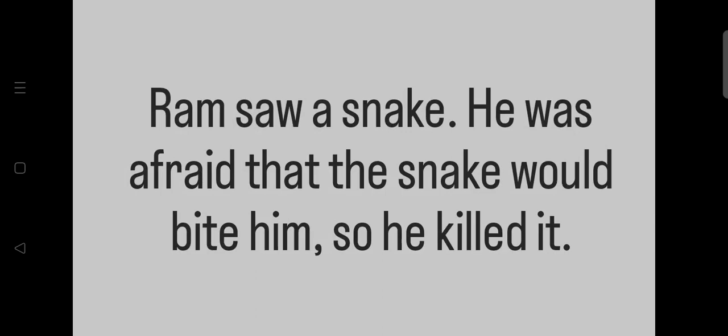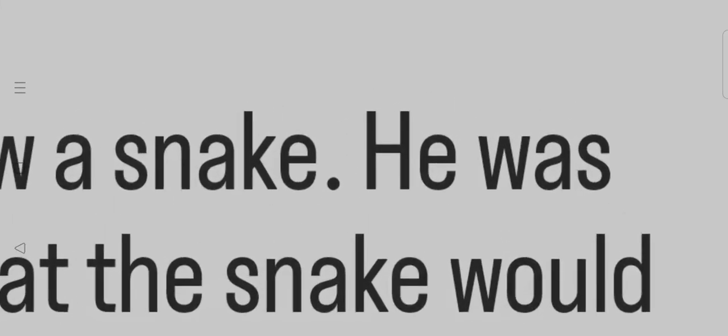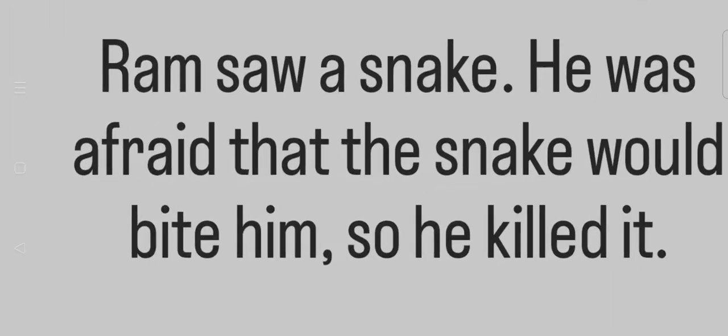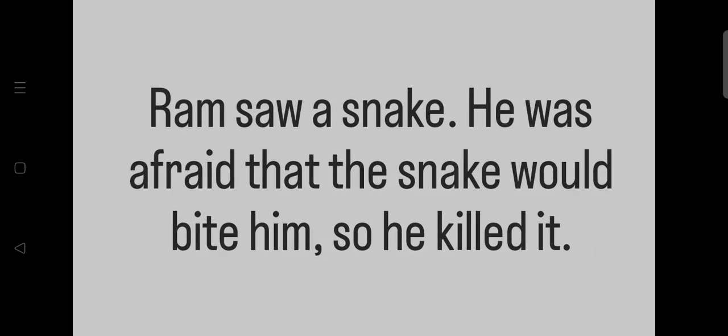He was afraid that the snake would bite him, so he killed it. Now see what is the difference between the previous passage and this one. Simple. I am using he in the place of Ram, also him, and I am using it in the place of snake. This is the job of pronoun.